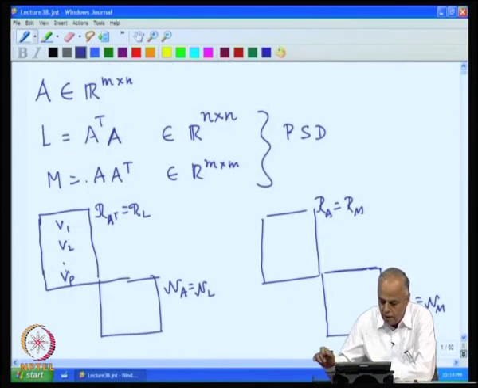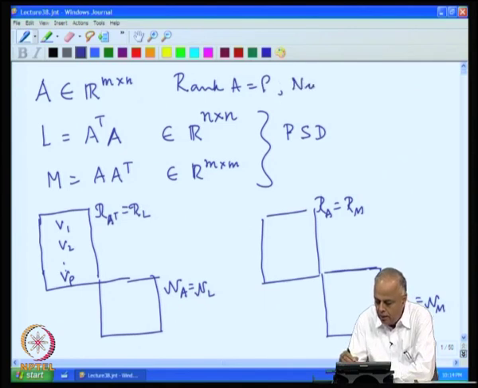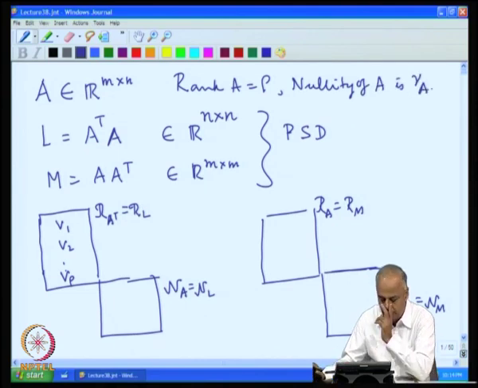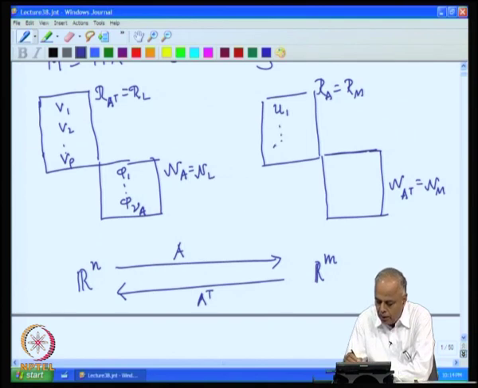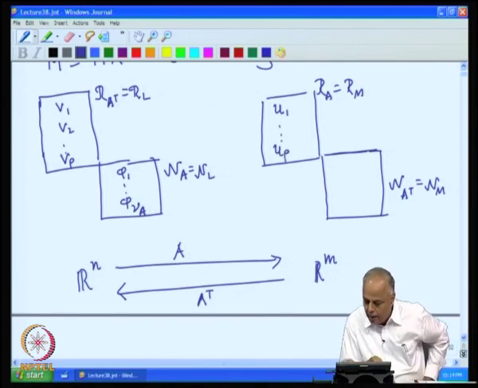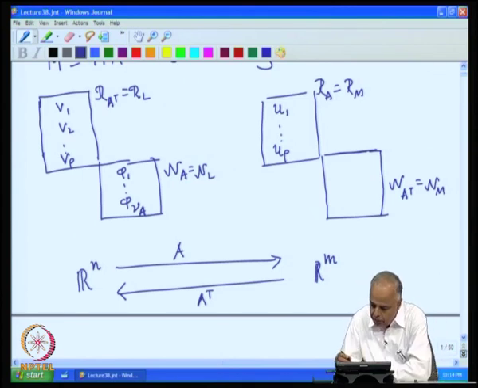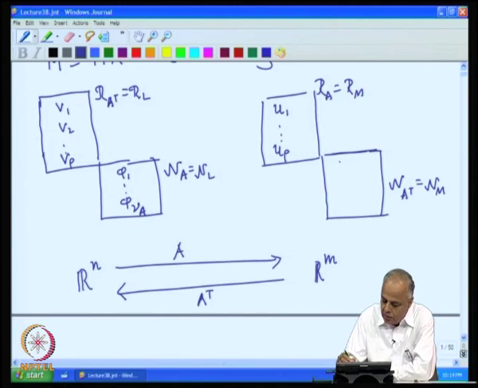We are assuming that the rank of A is rho and the nullity of A is nu A. This is our standard notation, and we denoted the basis for the range of A transpose, that is the range of L, as V 1, V 2, V rho, the basis for the null space of A as phi 1, phi 2, phi nu A, and the orthonormal basis for the range of A as U 1, U 2, U rho, and the orthonormal basis for the null space of A transpose as psi 1, psi 2, psi nu A transpose.